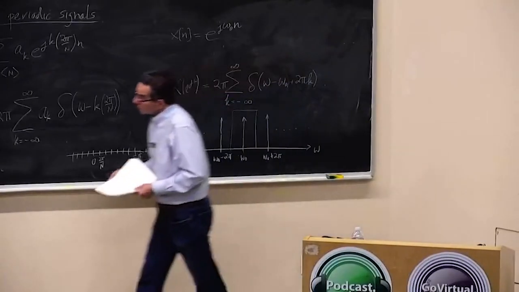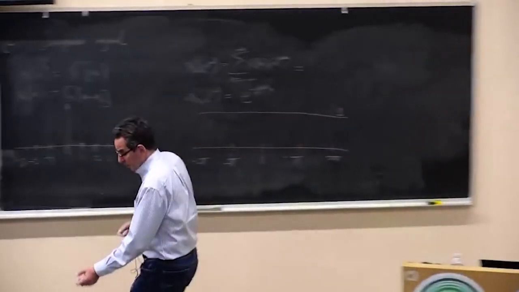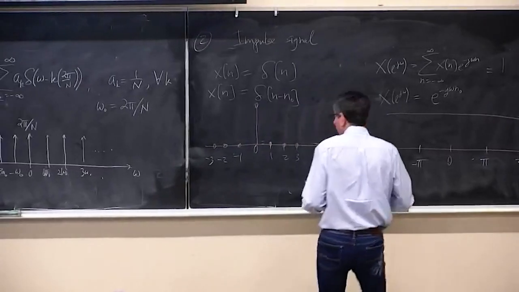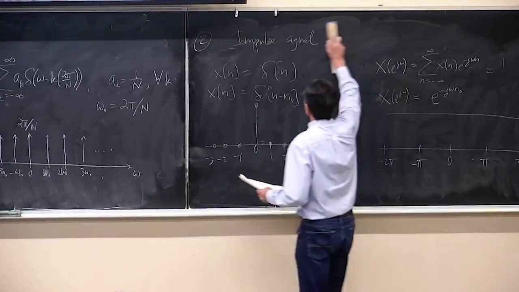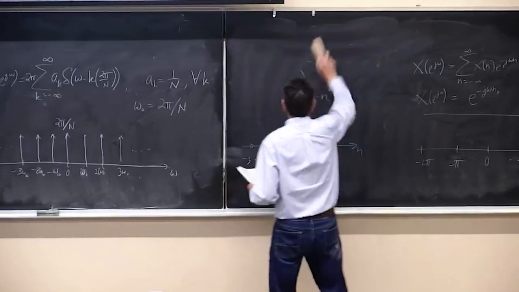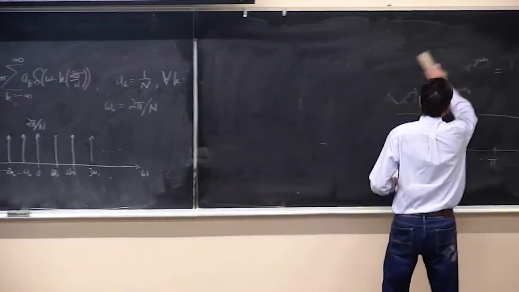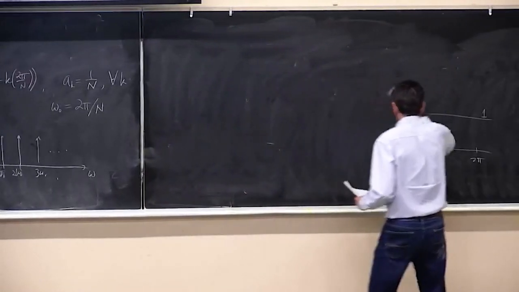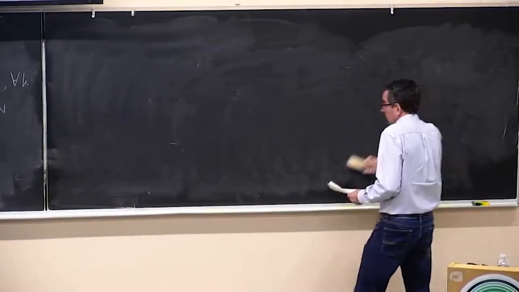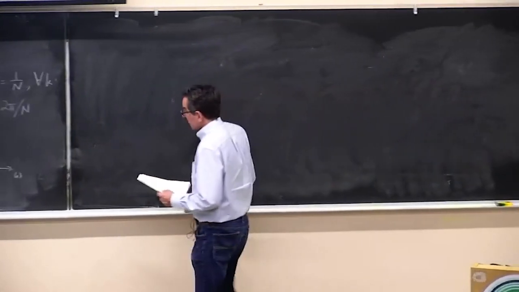Okay, so that's kind of the whole story now on the discrete time Fourier transform. The other thing that we always talk about with these transforms is their properties. And there are, again, just as in continuous time, some key properties that matter to us, particularly when we're analyzing difference equations.